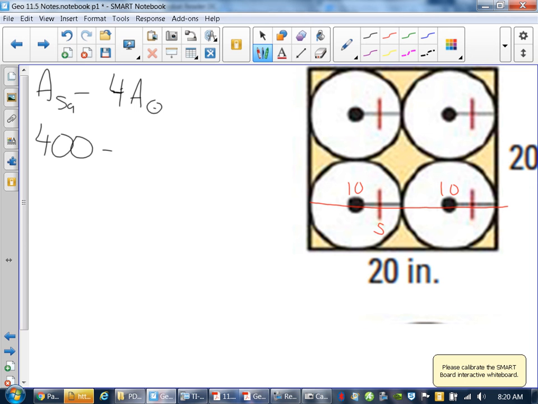So you subtract out 4 times 5 squared, and you slap a pi next to it. So you get 400 minus 100 pi. Which will give you 85.84 if you round it down from 85.4.